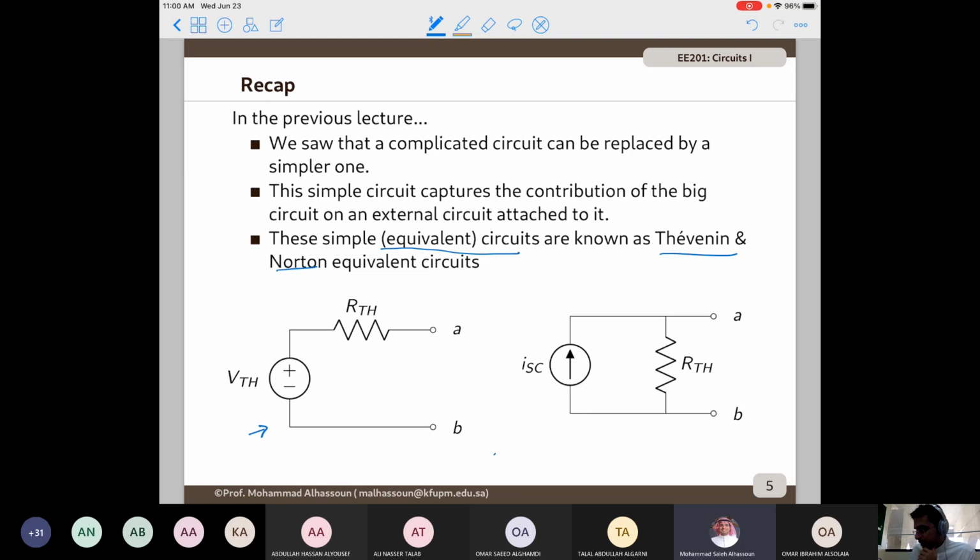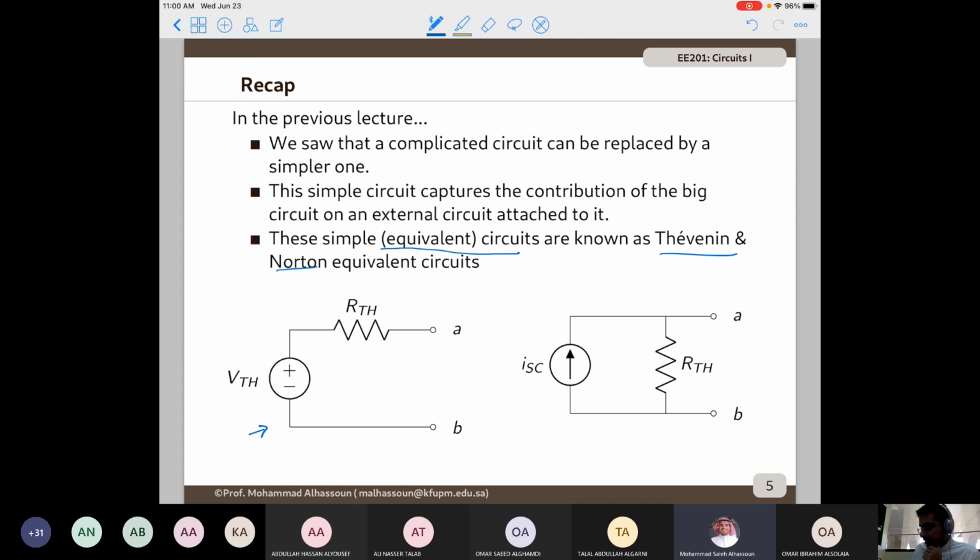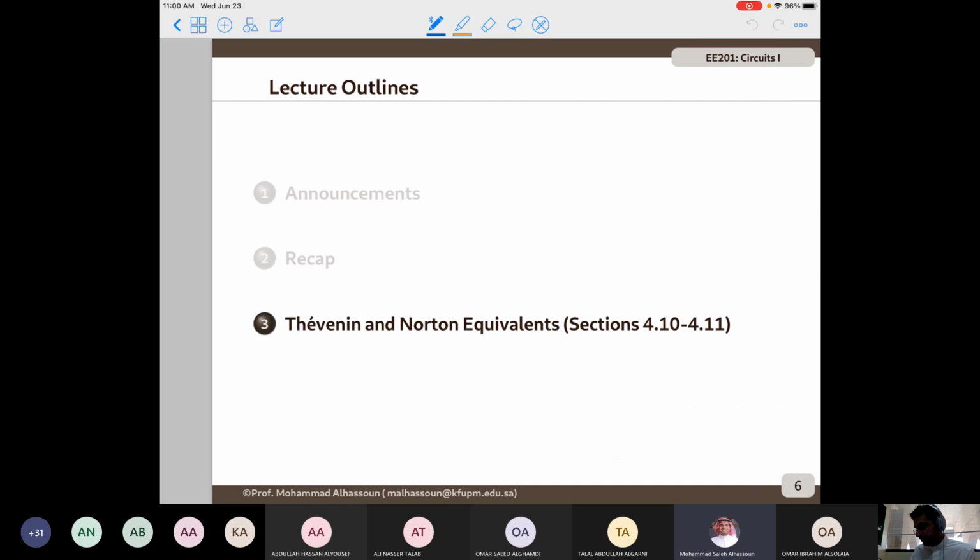The relation between the short circuit current and the Thevenin voltage is given by Ohm's law. And you can see that this one is the source transformation of this one, and vice versa.